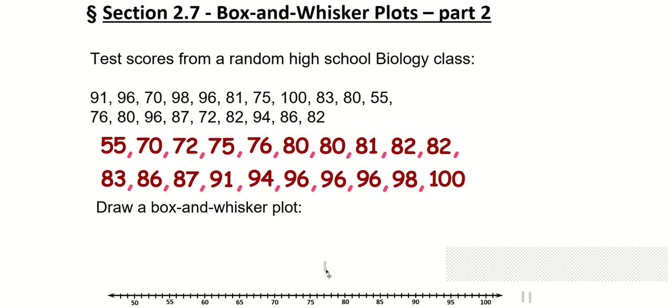You're going to want the number exactly in between the 82 and the 83. So my median, just to put a little mark here, is going to be 82.5, because we're going to go in between the 82 and the 83 to get in the middle.